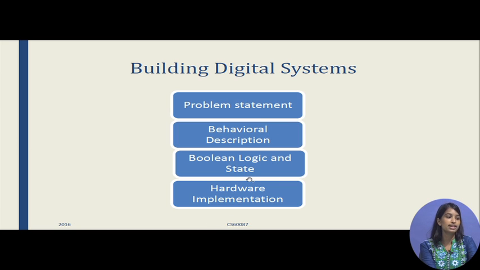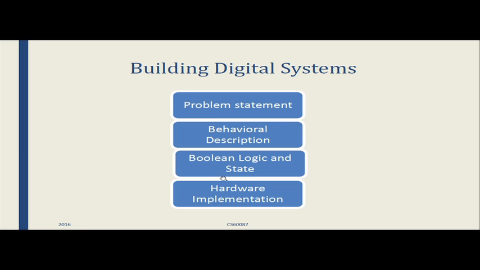In earlier days, the designers used to build hardware by using paper and pen. They had to write the equations, they had to solve Karnaugh maps, K-maps, they had to solve everything, and do everything manually. As the complexity of the design increased, people wanted a more automatic way of doing things.